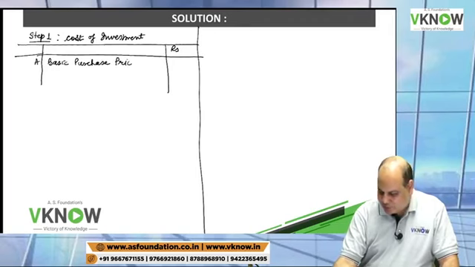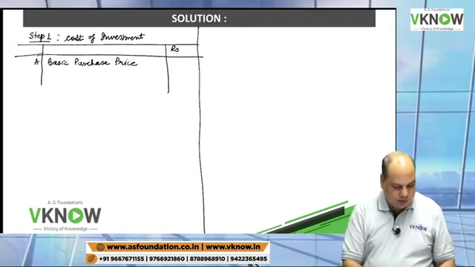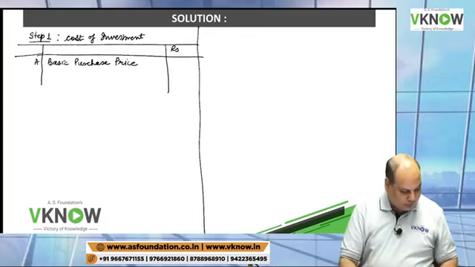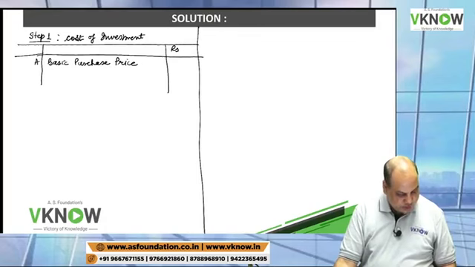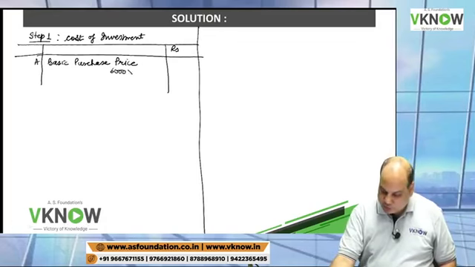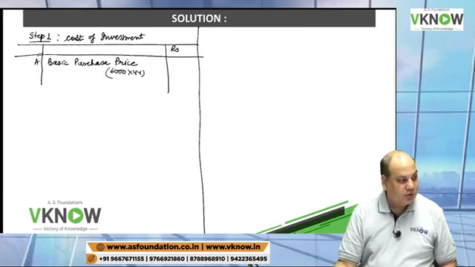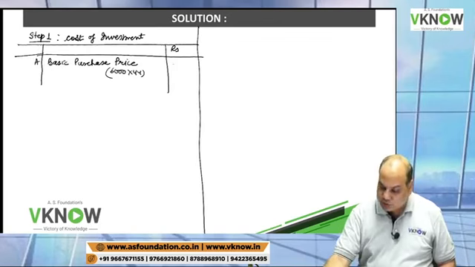If I look at this question, in the third line, 6,000 shares were purchased at 44 rupees. 6,000 into 44. How much is that? 2,64,000. Very good.